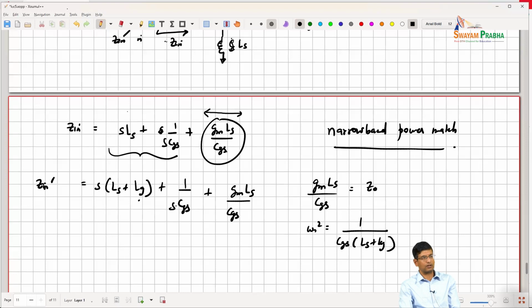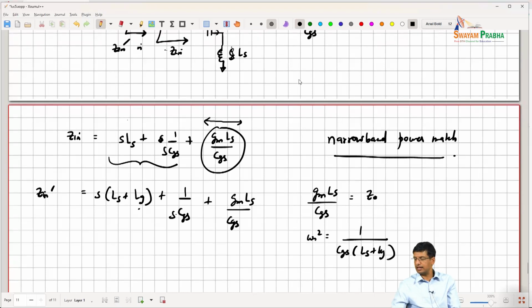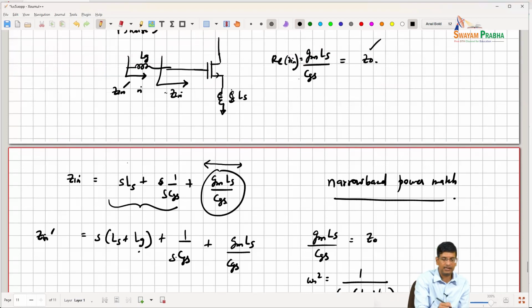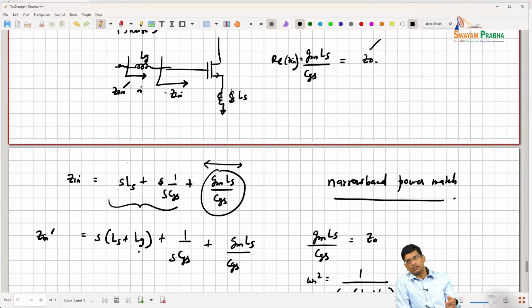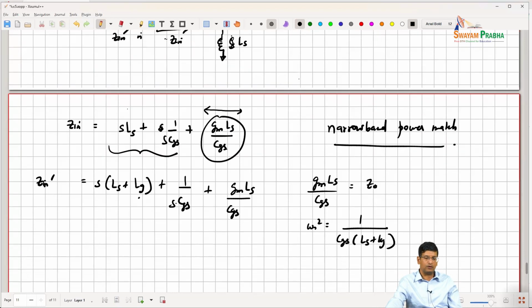And there are of course second order trade-offs associated with this, which is that as you increase LG, some series resistance RG is going to start popping up here, which is going to introduce some noise of its own. So there is still some design iteration involved here to pick good values, but this topology works well as a narrowband LNA.